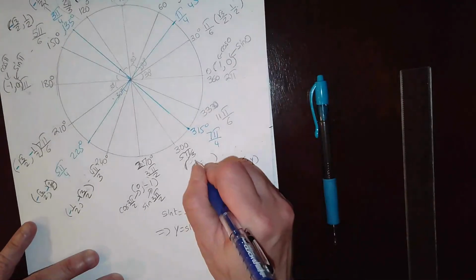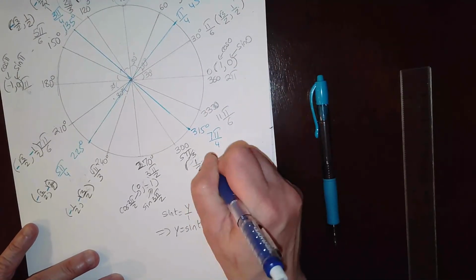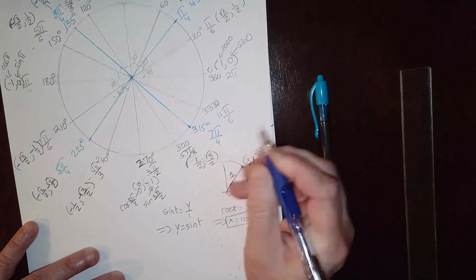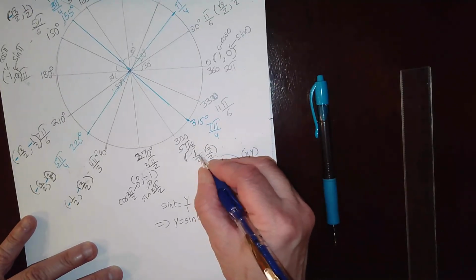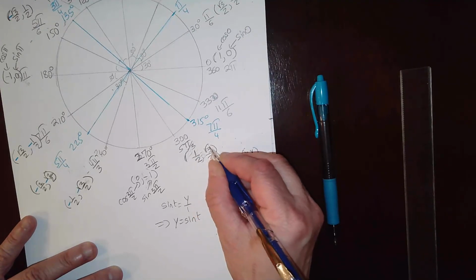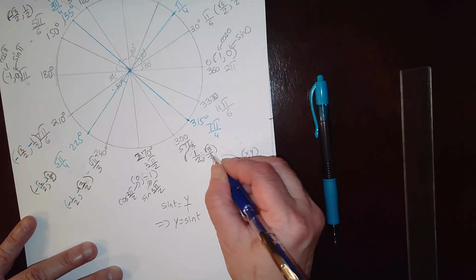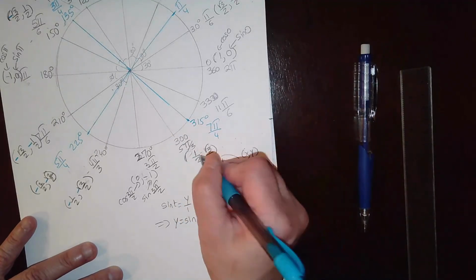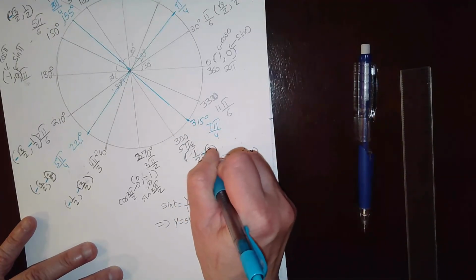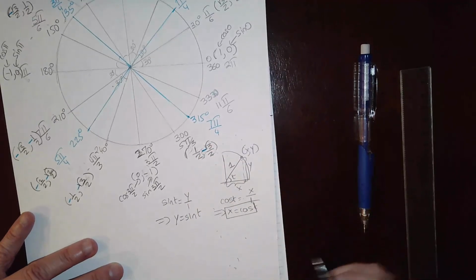Now here, we are in the fourth quadrant, meaning the x-coordinate is positive. So the cosine is positive, but the y-coordinate is negative. So don't forget to include the negative for the y-coordinate.